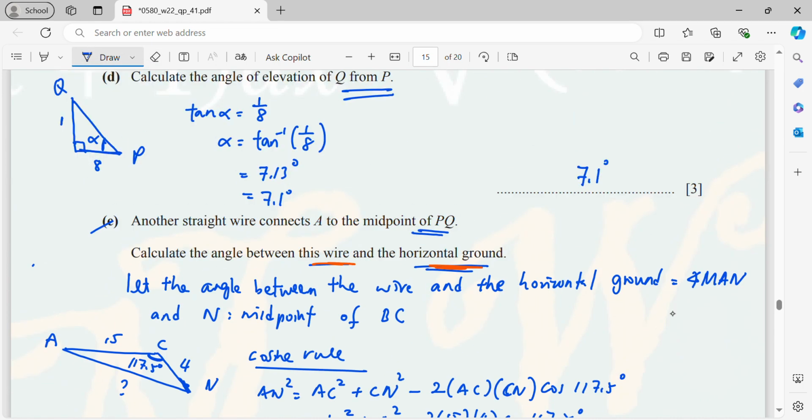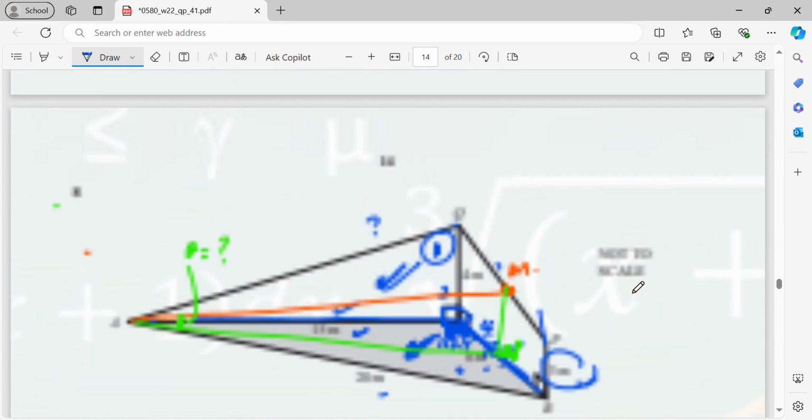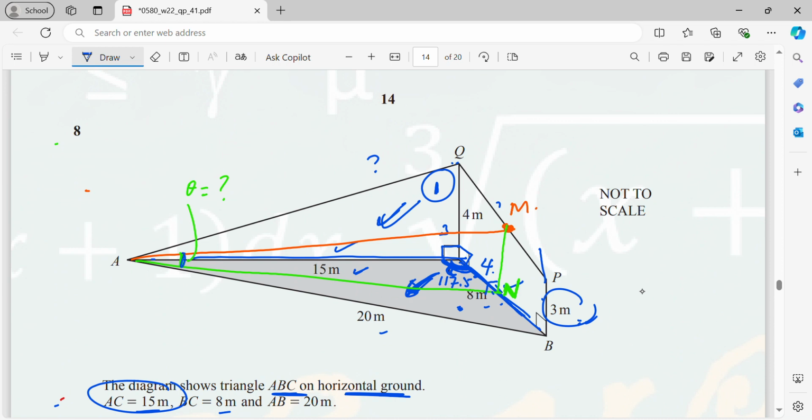Now I need to find out the MAN, which means now I need to find this angle. AN is already found. Then I need to find out what my MN is. What is this length? Now for your information, this is 3. PB is 3. The QC, here is C, this is the C. So QC is 4.